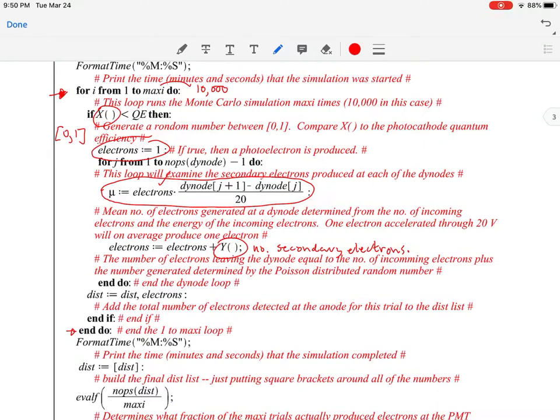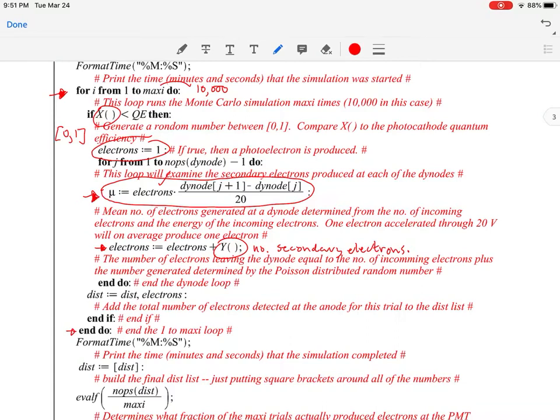So if we're sending in just one photon, for the first dynode, the number of electrons is just 1. And we add to that the secondary electrons. And then we go back to the top and update the mean of the Poisson distribution because we changed the number of electrons.